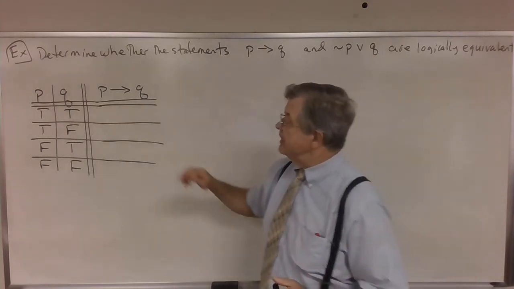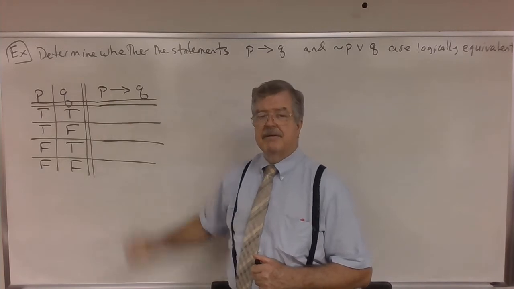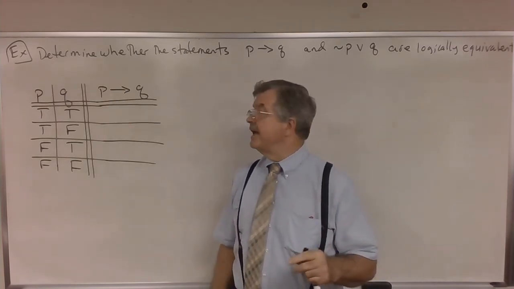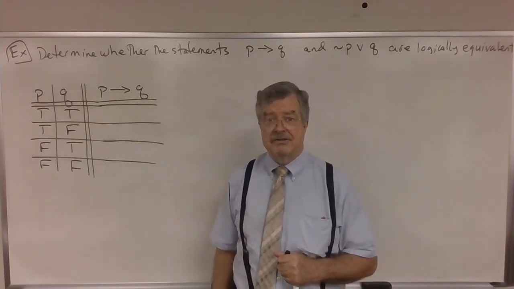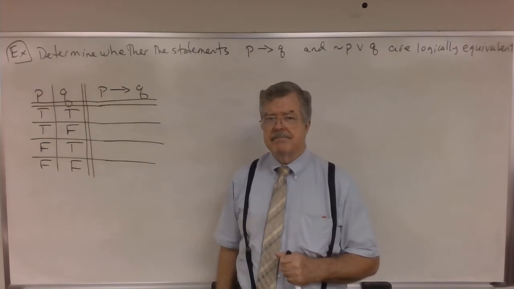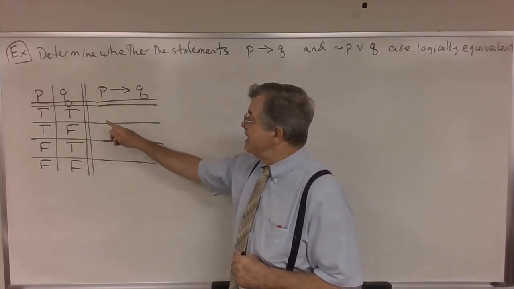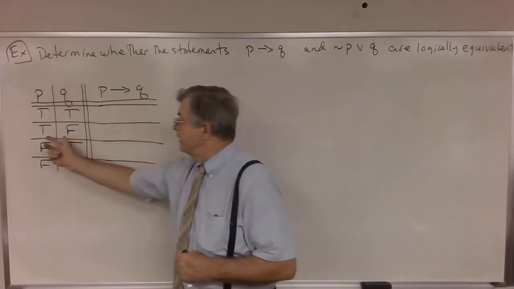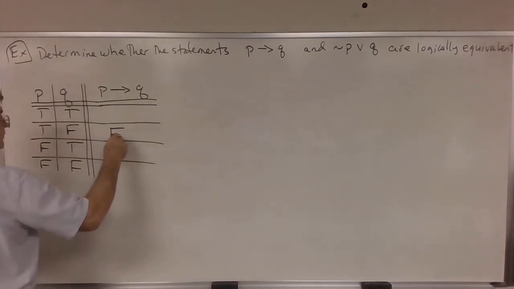What's the special case for an if-then or an implies statement? The only time that an if-then or a P implies Q statement is false is when? When we have P true implying Q false, right here. This is the only time that it's false.